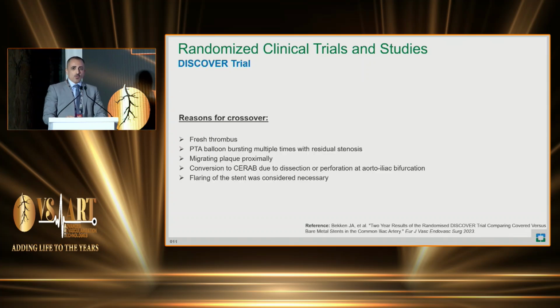That being said, it's worth mentioning there were some patients who crossed over from the bare metal to the covered stent in that study. This happened when fresh thrombus was found, when the balloon burst, with residual stenosis, when there was plaque migrating proximally, when they needed to convert to covered stents due to dissection or perforation, or when the stents needed flaring, which wasn't an option.